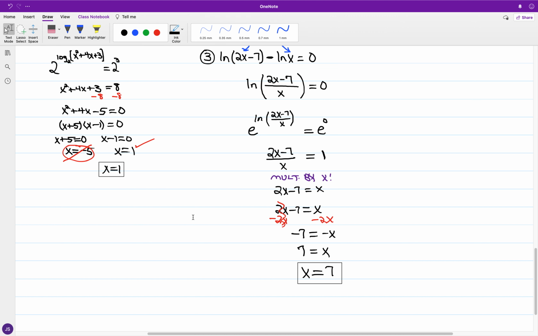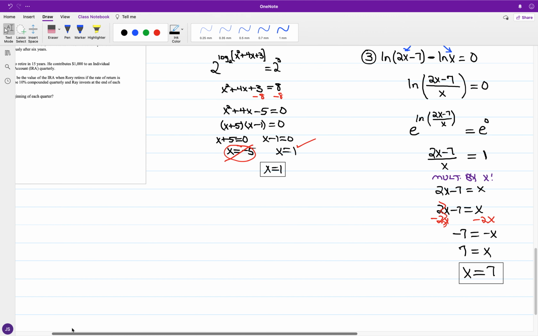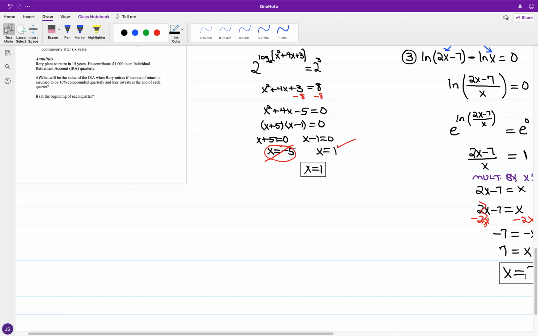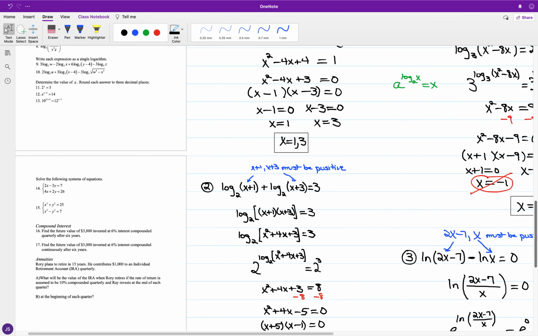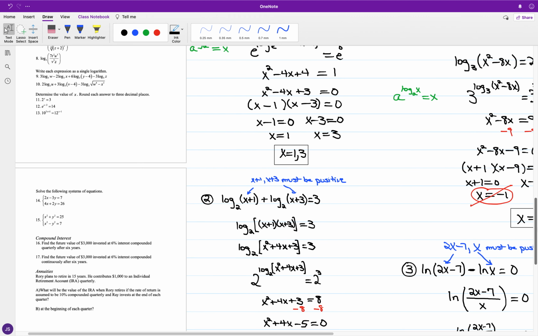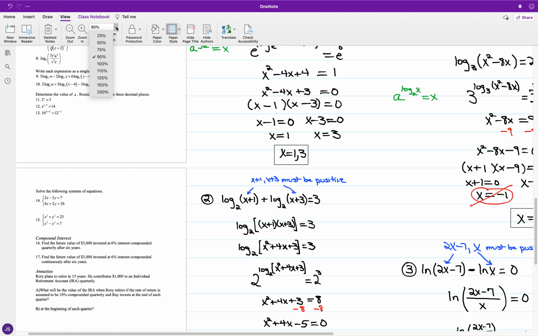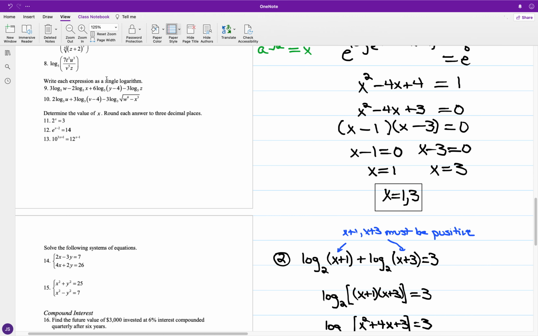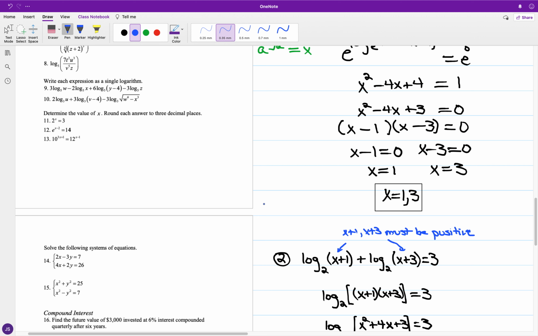Now for the next group, going back, we're looking at combining expressions. In the case of number 9, you have terms that are in base 5 logarithms, and we're combining as a single base 5 logarithmic term.